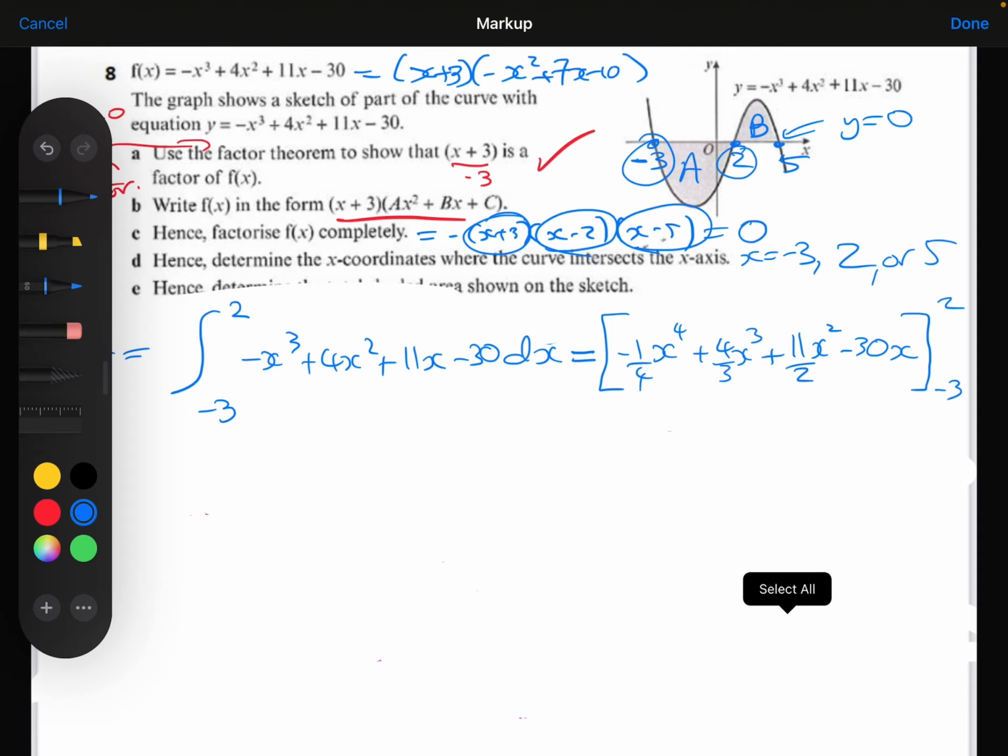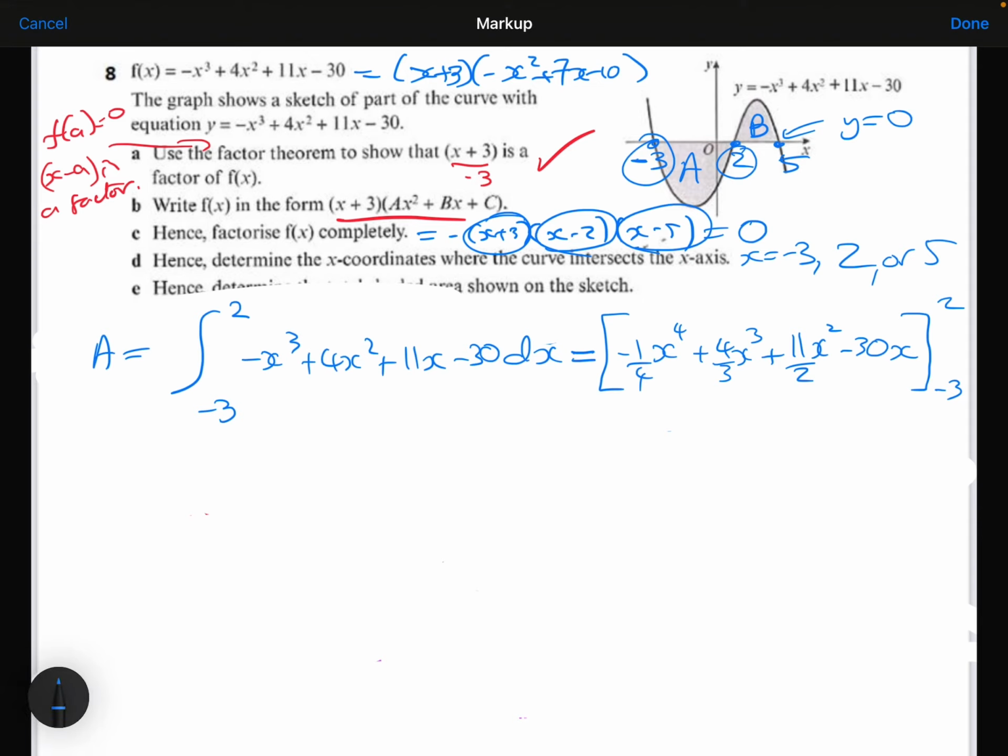Then I'm going to substitute each of my limits in. So that's going to be equal to, first of all, let's substitute the 2 into that. So I'll get 1/4, 2 to the power 4, plus 4 over 3, 2 to the power 3, plus 11 over 2, 2 squared, minus 30 times 2.